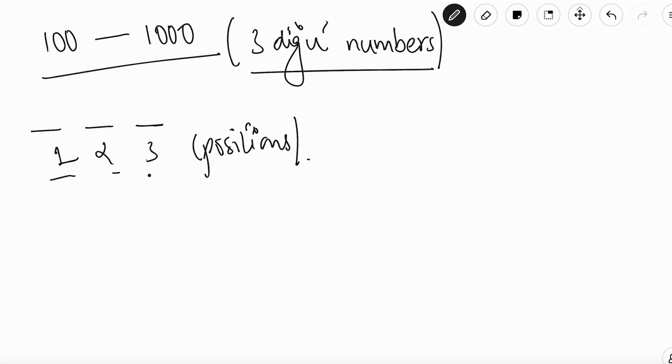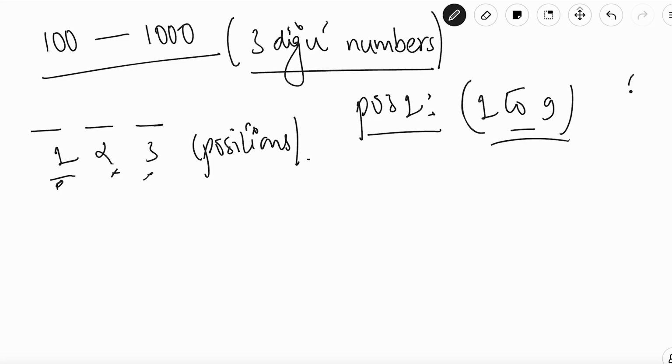Now for the first position, how many options do I have? I can select from 1 to 9. Of course I cannot select 0 in the first position, that's not allowed. So I have 9 options for position 1.